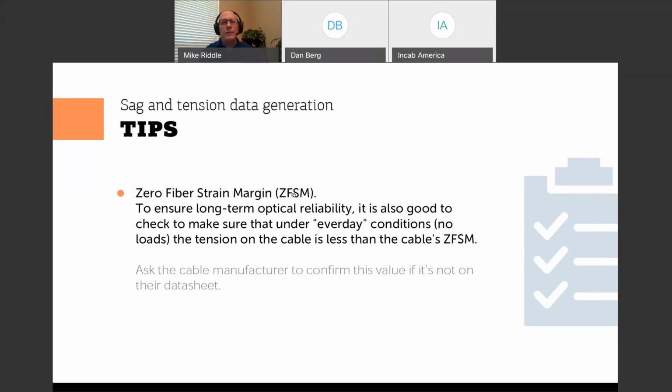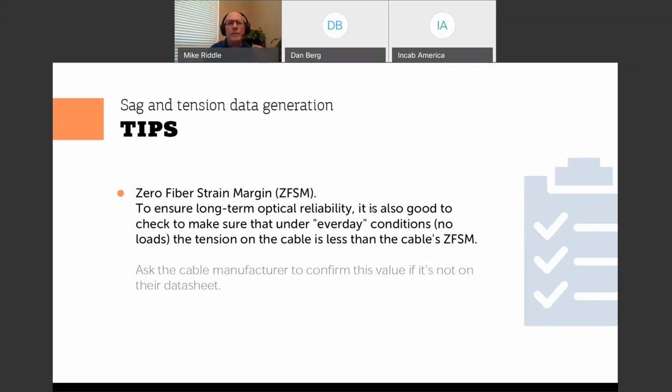So for example, if a cable has a rated breaking strength of 10,000 pounds, and I tell you it has a zero fiber strain margin equal to 60% rated breaking strength, you know that the fibers are not experiencing any tension until the tension gets to 6,000 pounds, right?